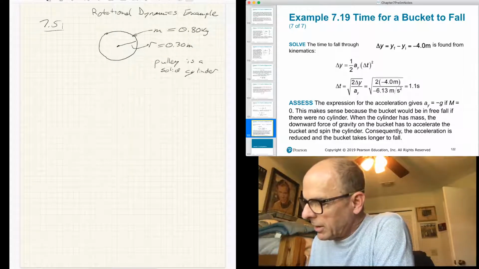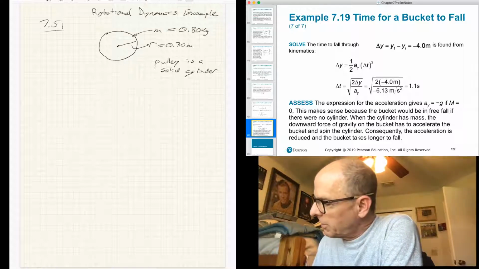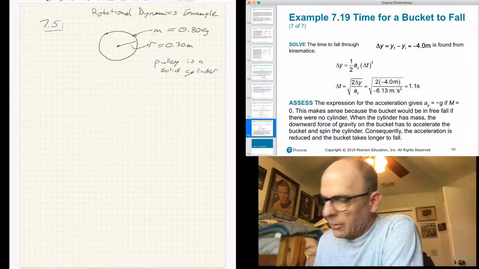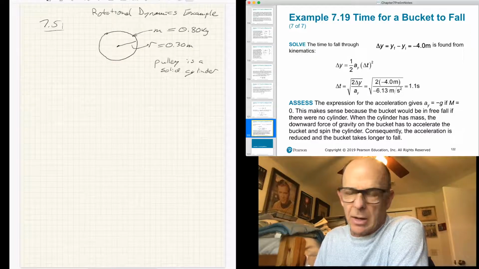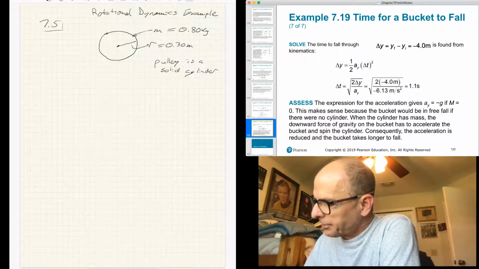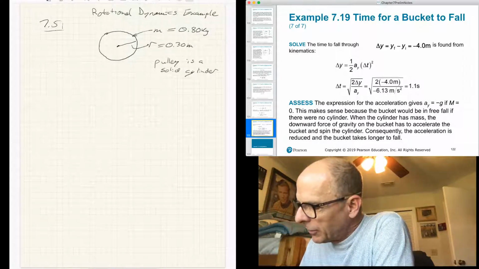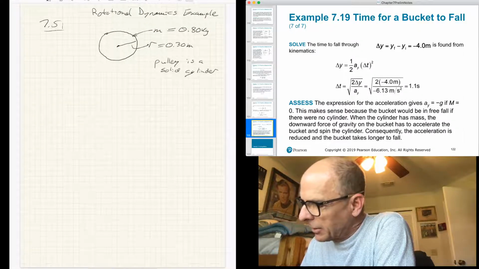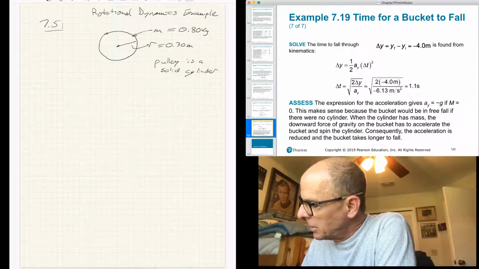And the question is, there's a rope going over it, which I haven't drawn yet, which has people or something pulling on either end of that rope. And the question is, what is the angular acceleration of the pulley due to that rope?